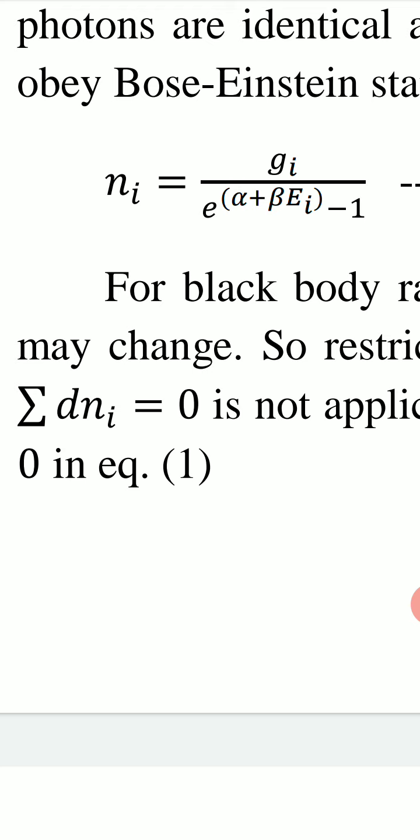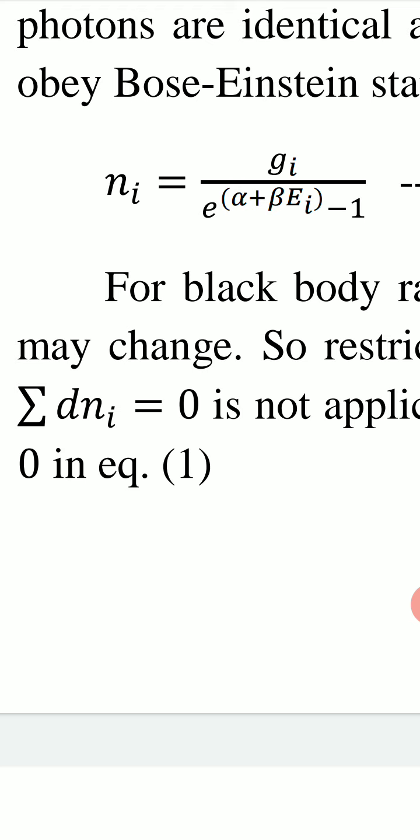This is the Bose-Einstein distribution formula. Ni is the number of particles and Gi is the number of states. Alpha and beta are constants. These are undetermined multipliers.